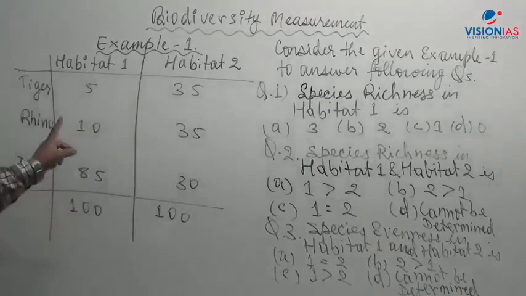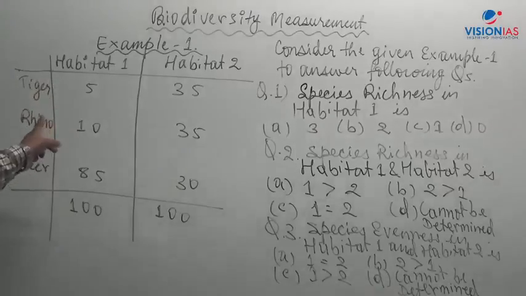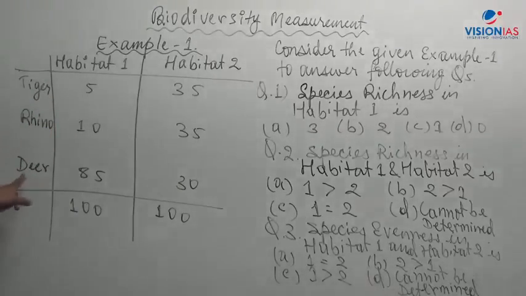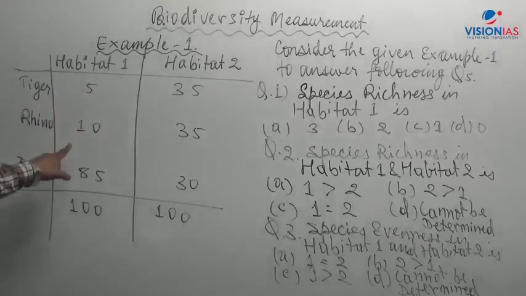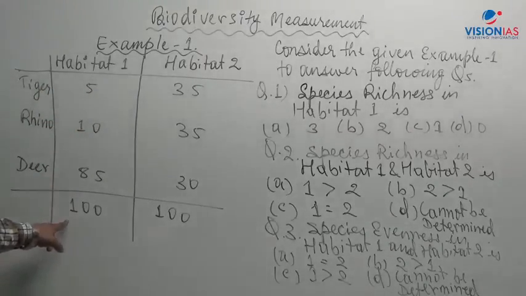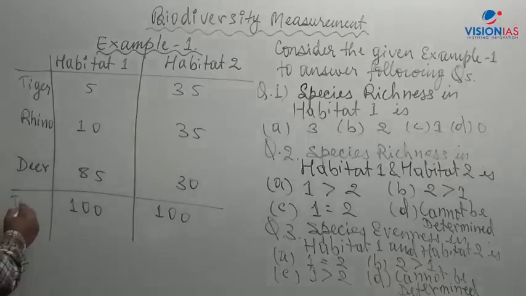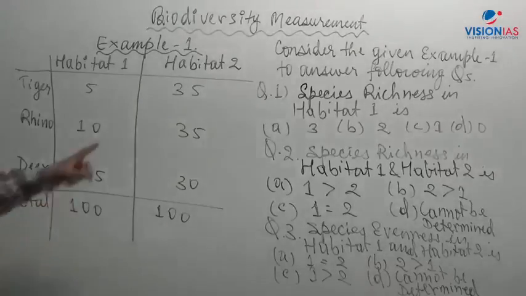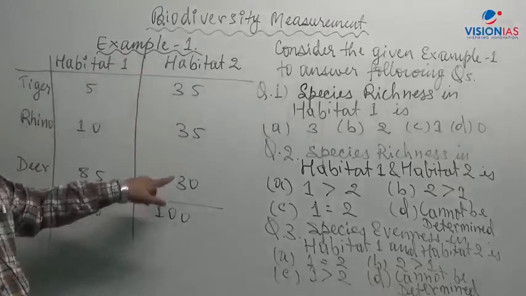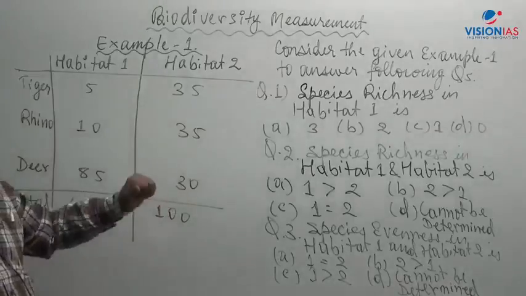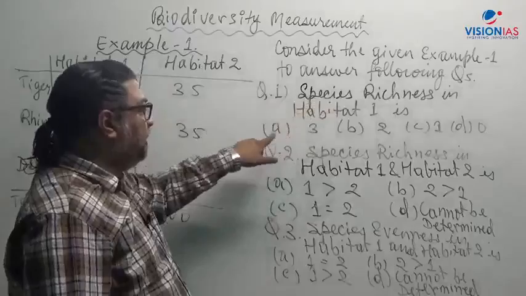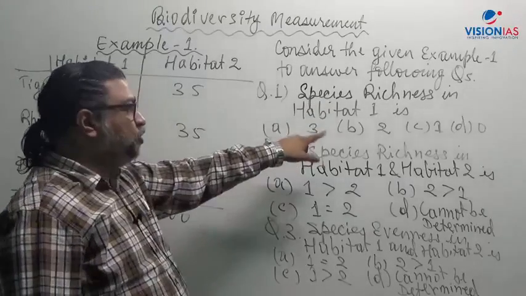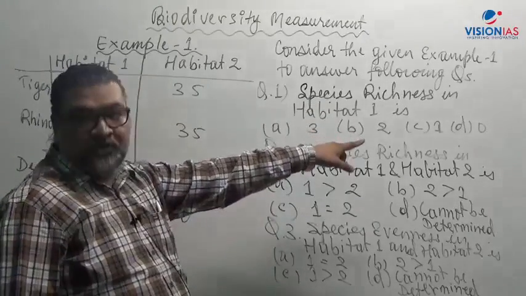Clear here? I have given you example number 1. Tiger, rhino, deer. Habitat 1, habitat 2. Habitat 1: 5, 10, 85, total number 100. Habitat 2: 35, 35, 30, total number 100. Now your questions are like that. Number 1, species richness in habitat 1 is A 3, B 2, C 1, D 0.